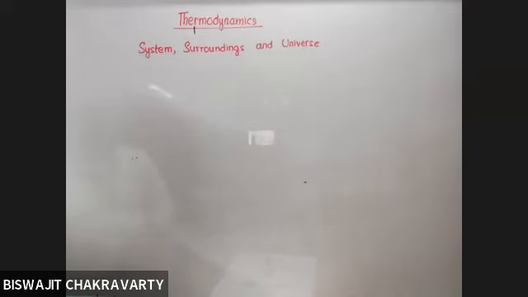The universe, as you know, is the whole large surroundings to us. So if you are carrying out any experimentation in a small test tube, that small test tube will be the system for you. So the system is the part of the universe which is under study, and the rest of the whole universe not included under the system will be called the surroundings.